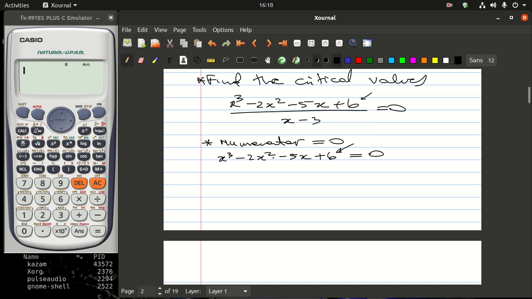But we said that the splitting of the middle term method only works if you have 3 terms. Yes, we tried to force it when we had 2 terms, a difference of 2 squares, but in this case we have 4 terms, so we cannot use the splitting of the middle term method.